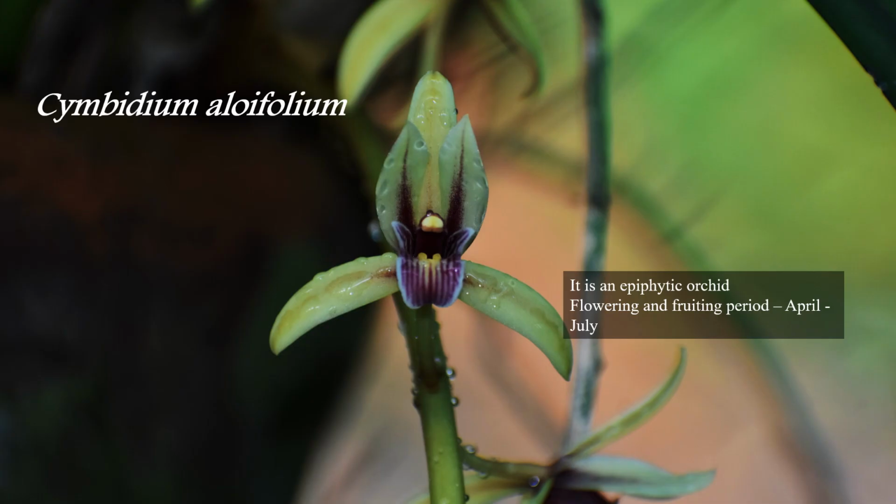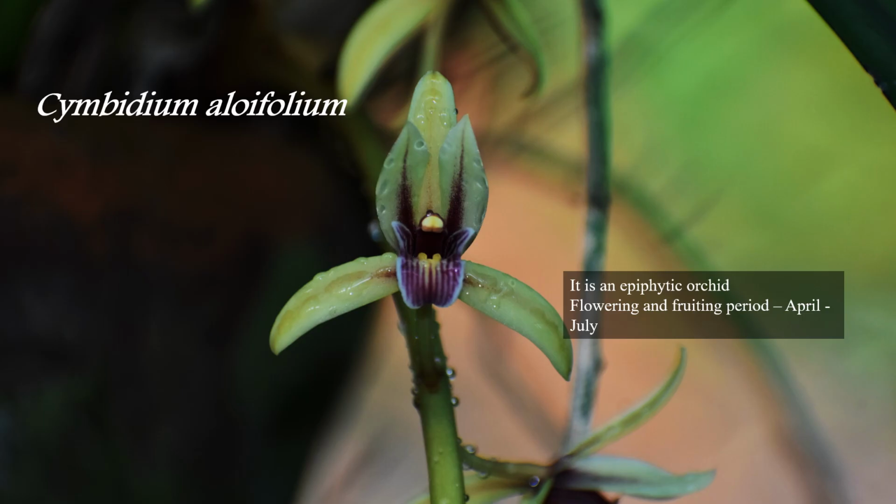Then comes our Cymbidium aloifolium. Cymbidium aloifolium you will mainly see at a perennial stream or near water bodies. So this is one kind of indicator: if you see this Cymbidium aloifolium orchid epiphytic on a tree trunk, it indicates that a water body must be nearby.